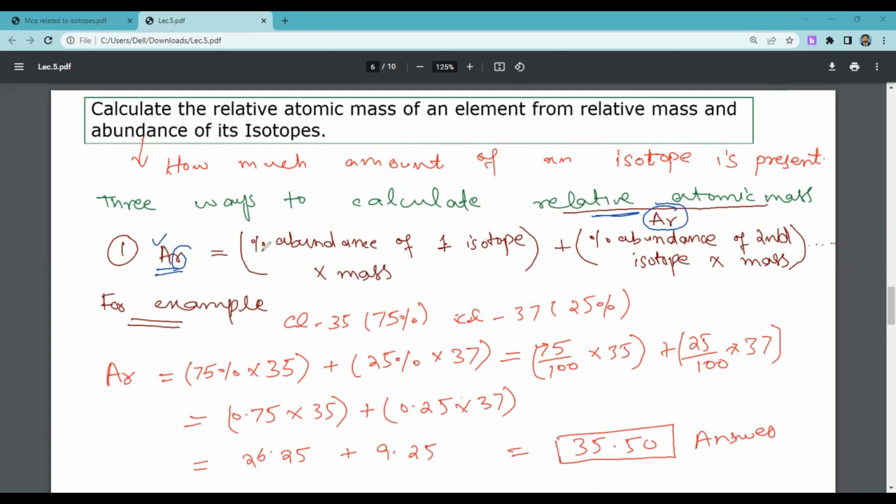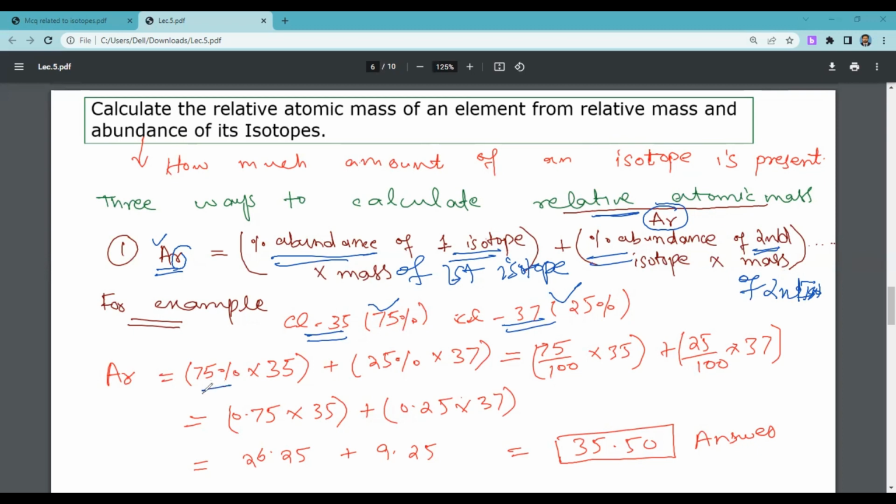Relative atomic mass is equal to percentage abundance of first isotope multiplied by mass of first isotope, plus similarly, percentage abundance of second isotope multiplied by mass of second isotope. For example, chlorine 35 is 75% and chlorine 37 is 25% present in atmosphere. So we will calculate 75% multiplied by 35 plus 25% multiplied by 37.